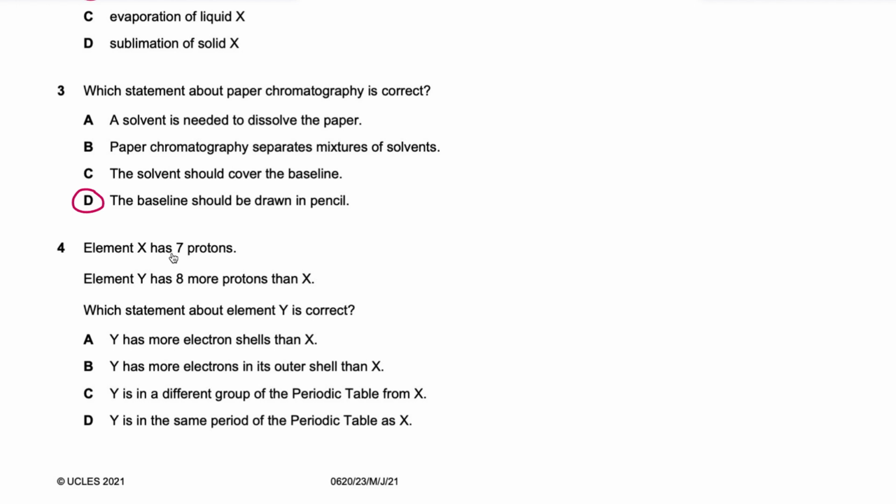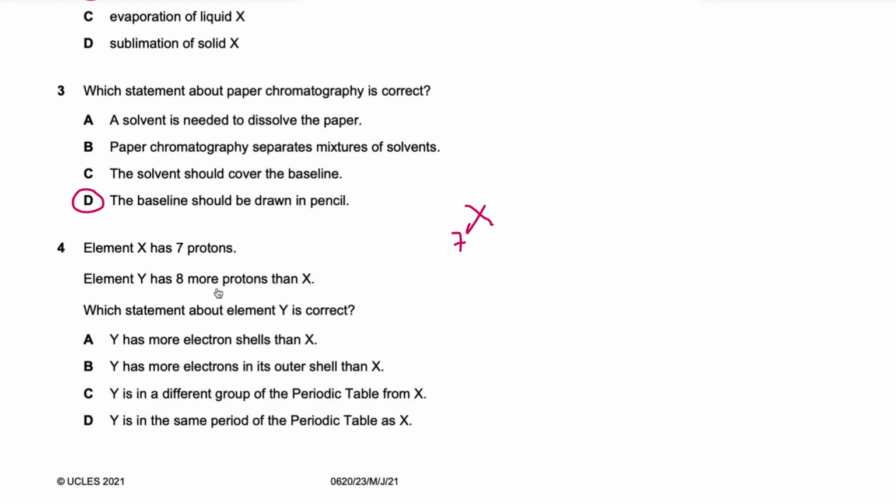Now, element X has several protons, which means the atomic number is 7. In actual sense, this is nitrogen.